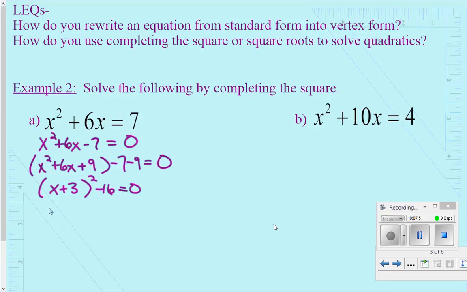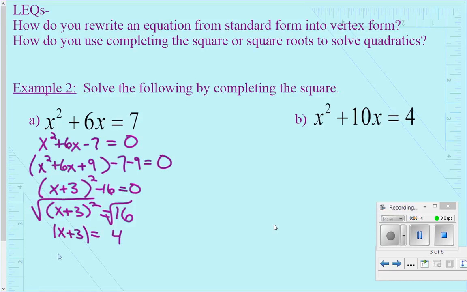So I'm going to add 16 to both sides. And now that I've done that, I have something squared equals a number. So now it's set up perfectly for the square roots technique. So with the square roots technique, I can take the square root of the quantity x plus 3 squared, which is the absolute value of x plus 3, and the square root of 16 I know is 4.